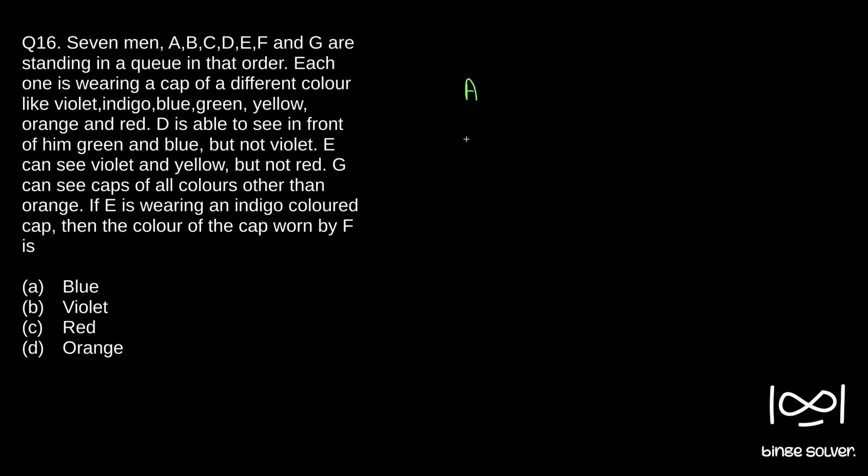So let's write A, B, C, D, E, F, G. They are standing in a queue in this order. D is able to see in front of him green and blue, but not violet. So let's draw a line like this.